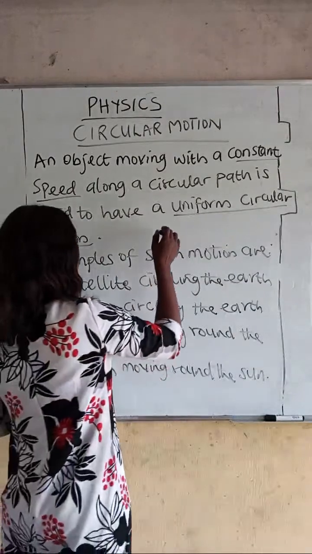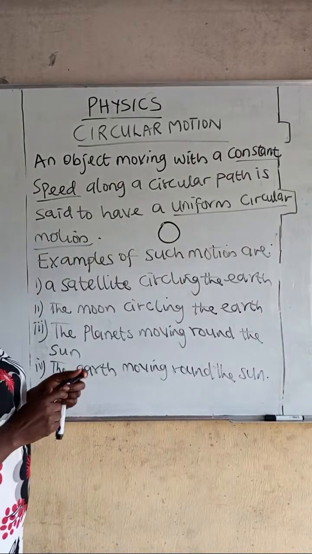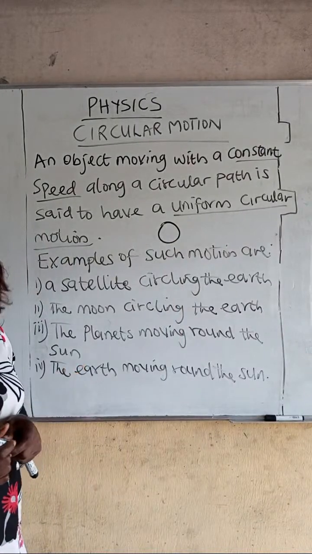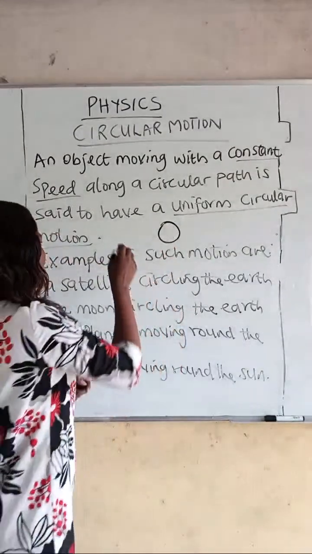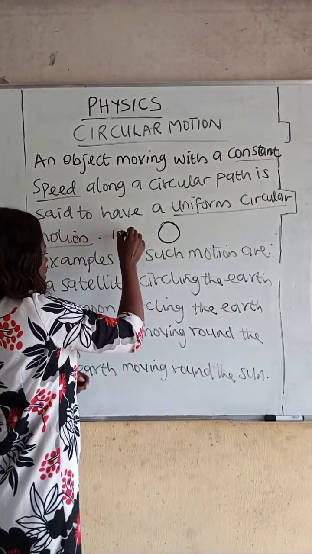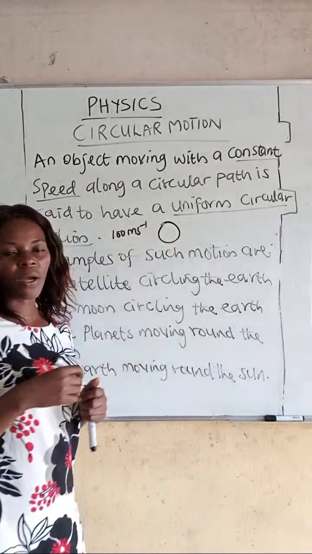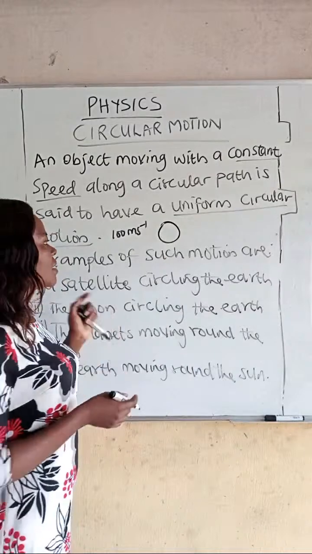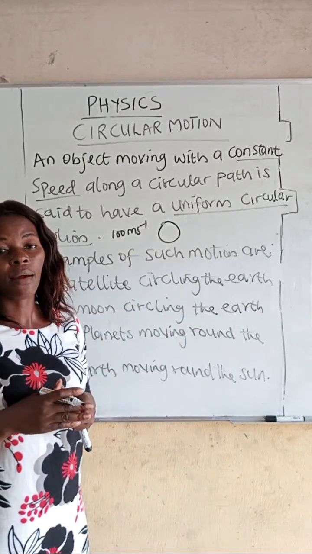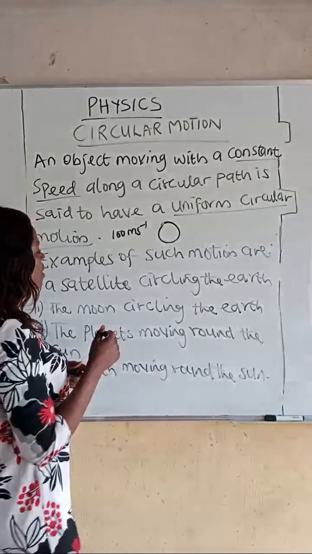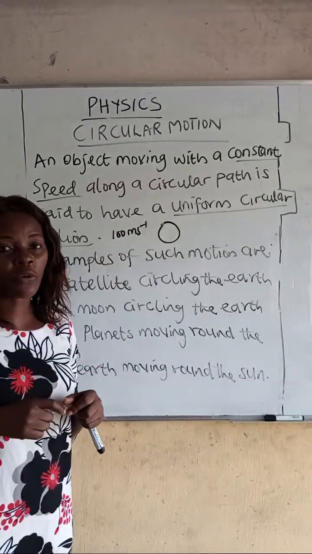This is a circle and a particular object that has a constant speed, that means speed is constant. If it takes an object 100 meters per second to move around this circle and it stays constant, that object is said to be in circular motion. Do you understand? Okay, so that is the difference between circular motion and rotational motion.